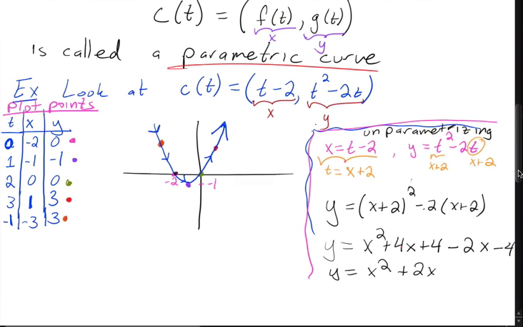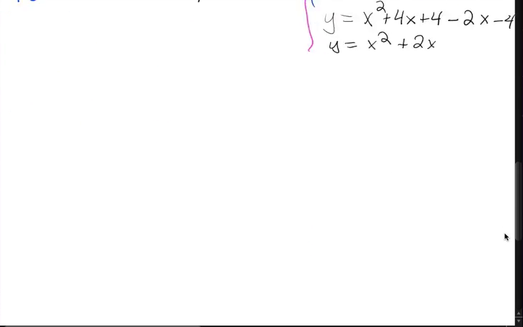Now, let's take a look at something else. Maybe something that wouldn't require us to plot any points. Something that we can figure out. So let's say you have the parametric curve defined by, let's say, x is 3 cosine t, and let's say y is, actually, why don't we do this?